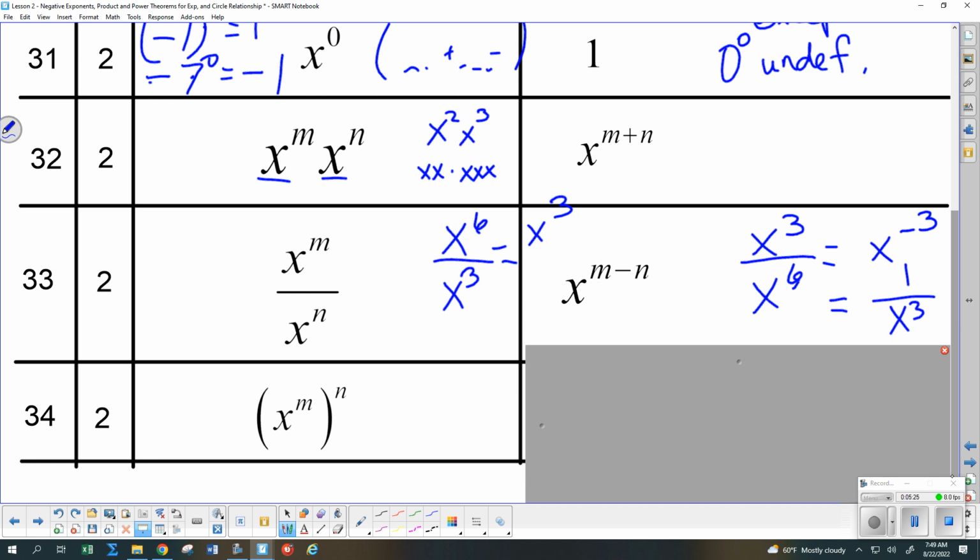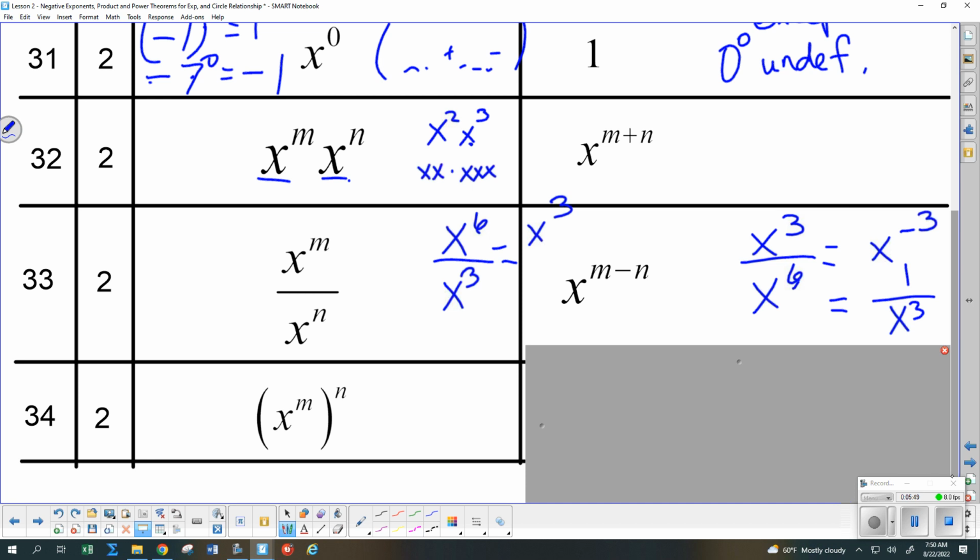And the last one of these, what if I have one base with 2 exponents? Here I had the base written twice. Each had an exponent, and I added. What if I have 2 exponents on one base? Who remembers what we do there? Britton, you remember?